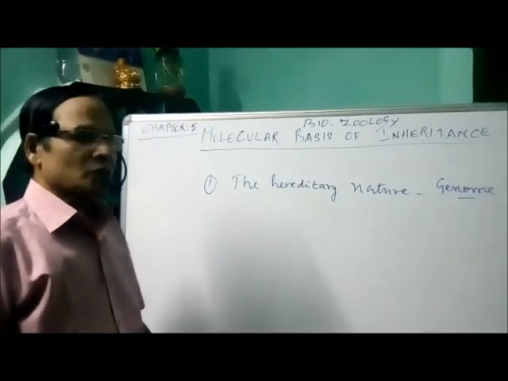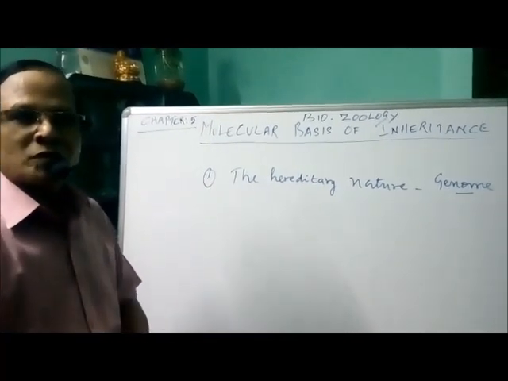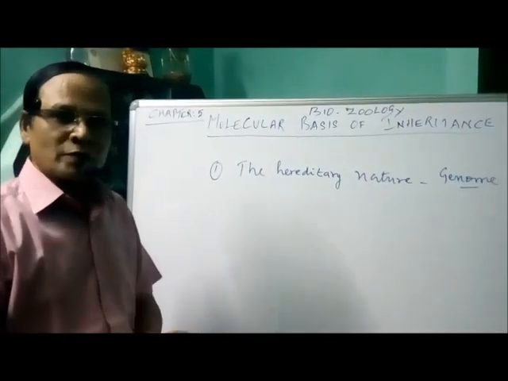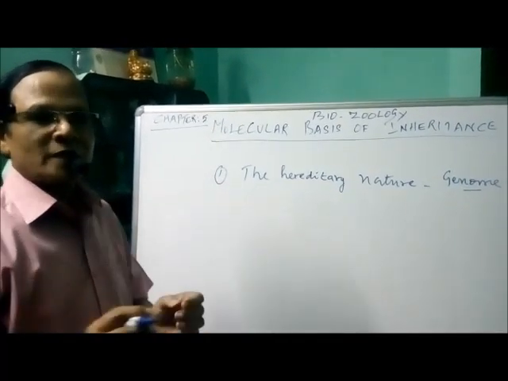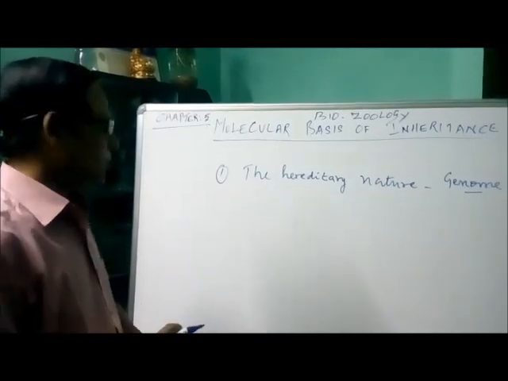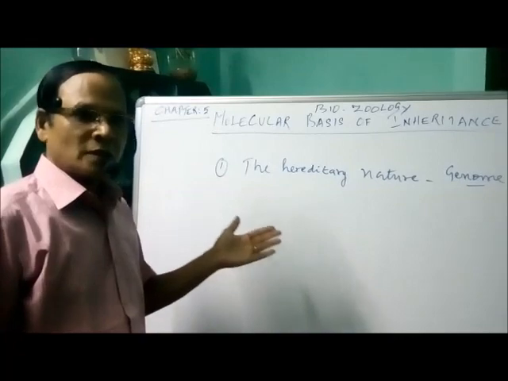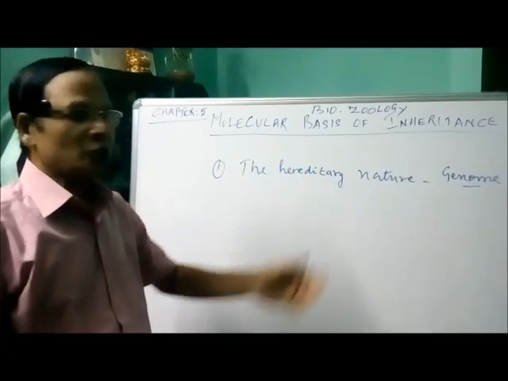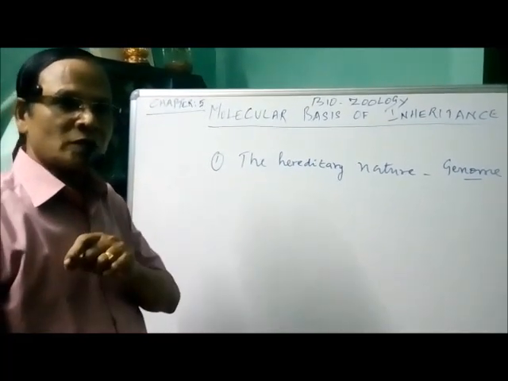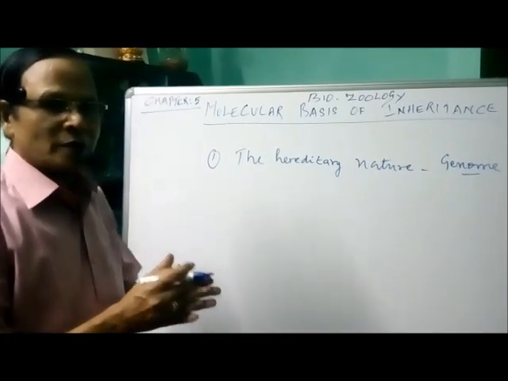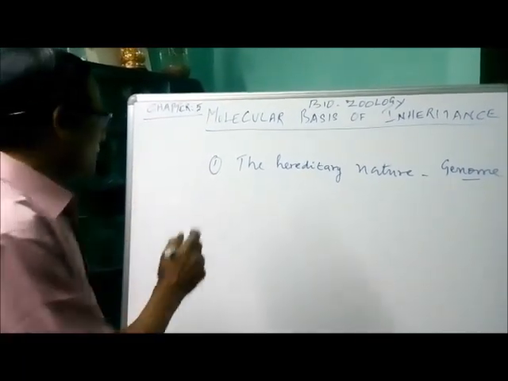So it's nothing but a long chain of nucleic acid molecules, and they provide information for constructing an organism. This is number one. It's a long chain of nucleic acid molecules that provides information for constructing an organism.